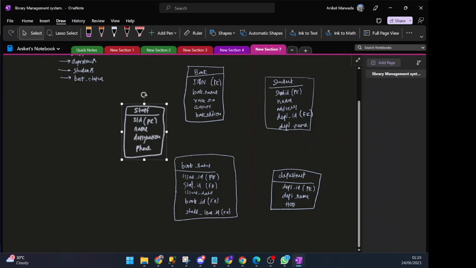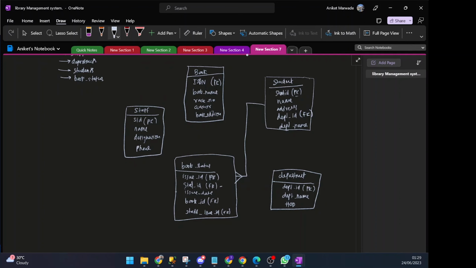So here this is sharing a one to many relationship between student and book status. Since student ID is a primary key here and there are multiple student IDs here, this will be a one to many relationship. With department, we'll have a one to many relationship between department and student. Since department ID is unique here, this is a primary key, and there are multiple students with multiple departments in the student table, so it is a foreign key, so it is a one to many relationship.